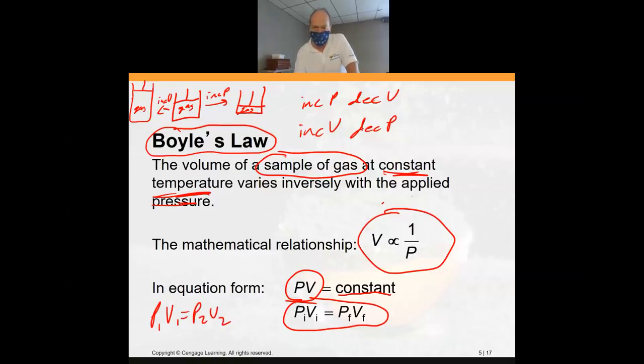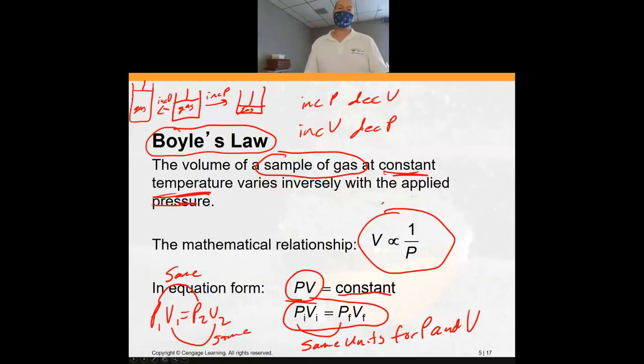The other thing that you need to know is that the units just have to be the same units for pressure and volume. It doesn't make a difference what the pressure units are, they just have to be the same. That is not going to be true for all of these, but it is true for pressure and volume.